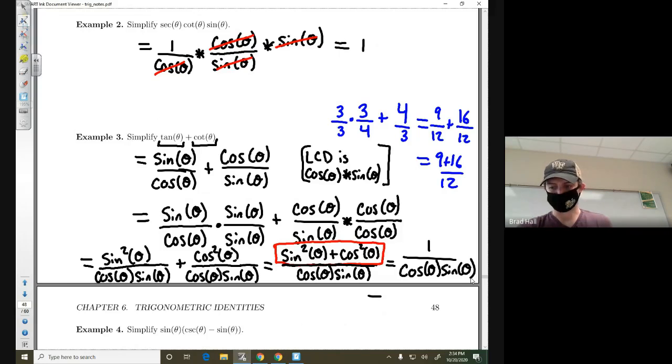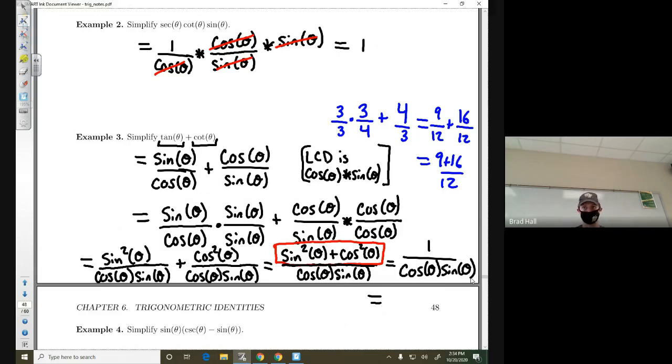And then we have one more step. I'm out of room, so I'm just going to put it on the next page. So what we did, we converted everything to sines and cosines. We're simplifying using algebra. And now the last part of the problem says your final answer better not have quotients in it. I see a quotient.